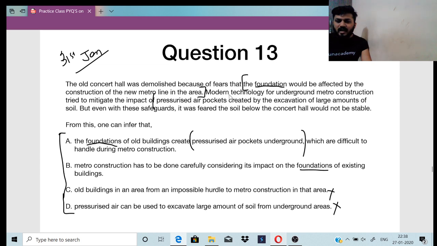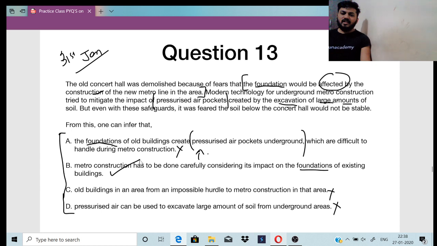Pressurized air pockets are created by excavation of large amounts of soil, right? So what is in B? Metro construction has to be done carefully. If it is not done carefully, it would affect the foundation. B is the right one, A is wrong.